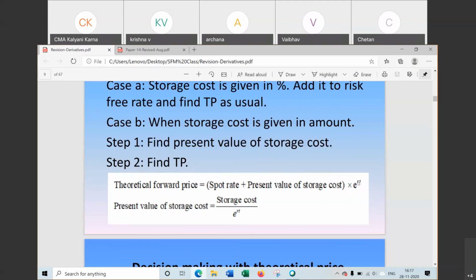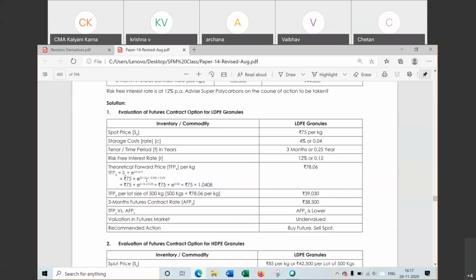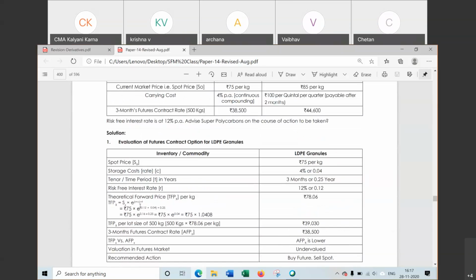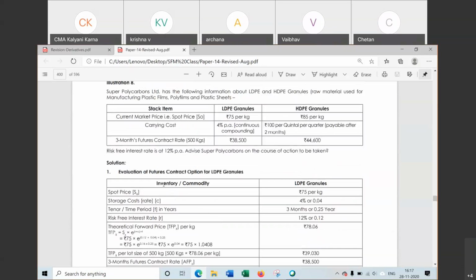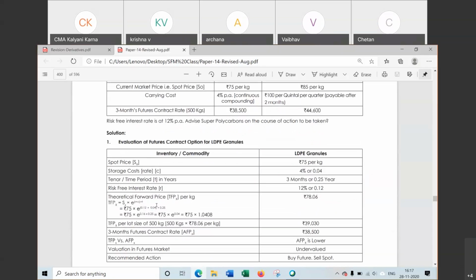We have to add storage cost to this R, and theoretical price will be spot rate into e to the power of RT. So here, in this case, theoretical price is spot into e to the power of R. R is 12% and 4% is storage cost. We have added the storage cost to this one, and rest of the things will remain same.